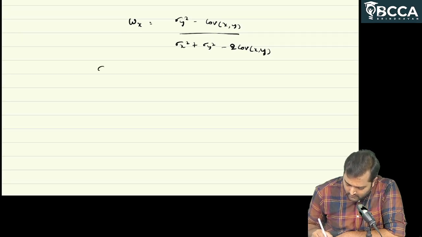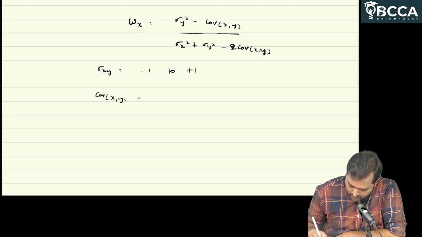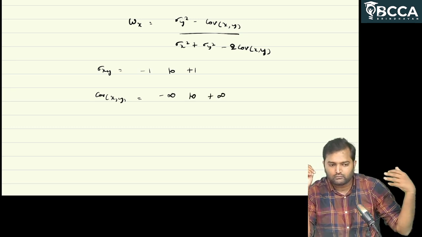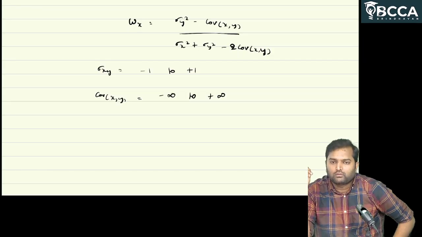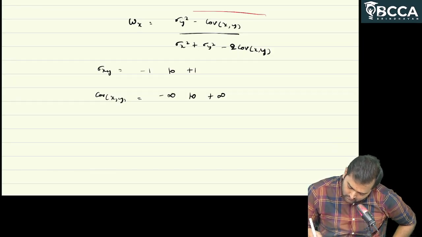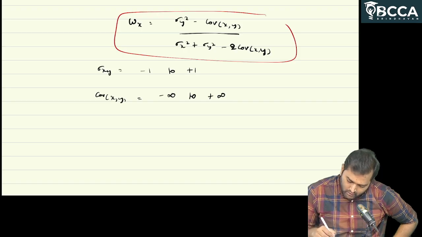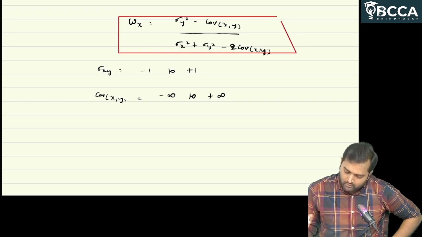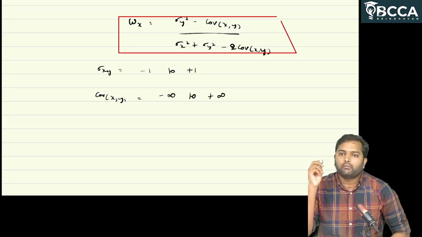So here sigma xy ranges from minus 1 to plus 1. Covariance of x comma y ranges from minus infinity to plus infinity. Okay, so there are high chances you might forget this formula. So when correlation coefficient is other than minus 1, risk cannot be reduced to 0, but risk can be minimized.